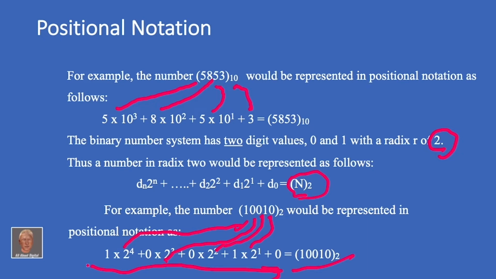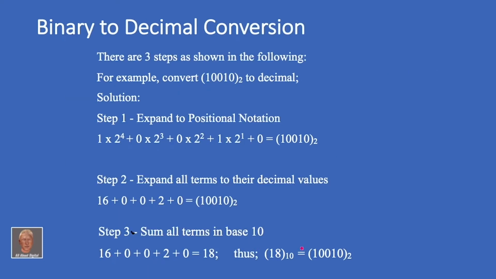Now, why are we doing this? Well, let's talk about it. When we want to convert from binary to decimal, the way we do it is first, let's do an example of the binary number that we just showed in the last slide, 10010 base 2. Let's convert that to decimal. So step 1 is expand this number to positional notation.